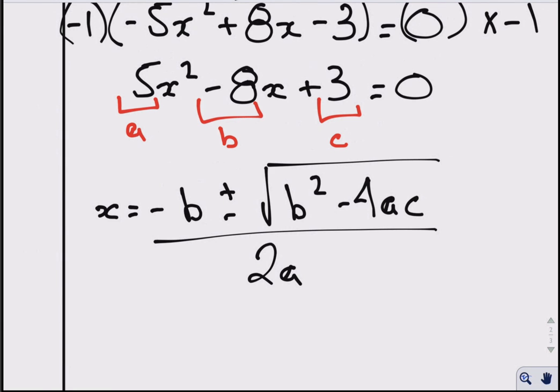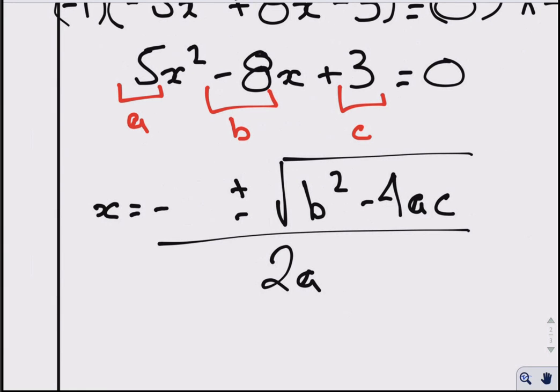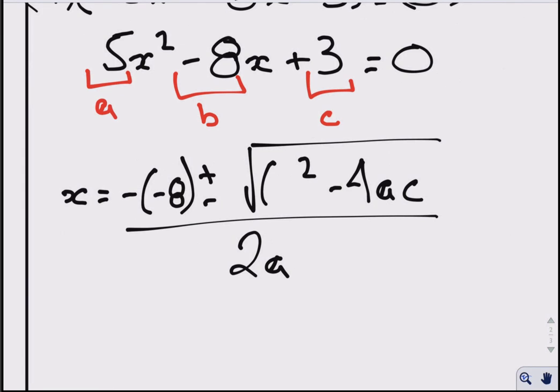So what do I mean by that? Well, instead of b, I'm going to write in -8. And same thing here. Instead of b, I'm going to replace that with -8 squared. Let me just rewrite that.